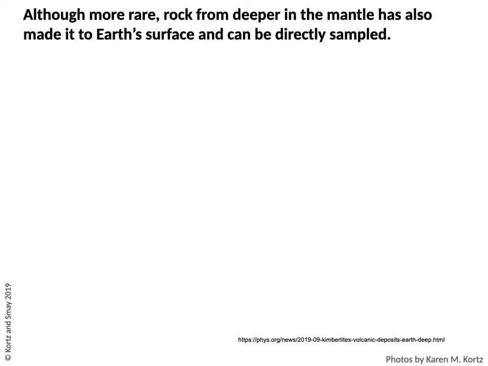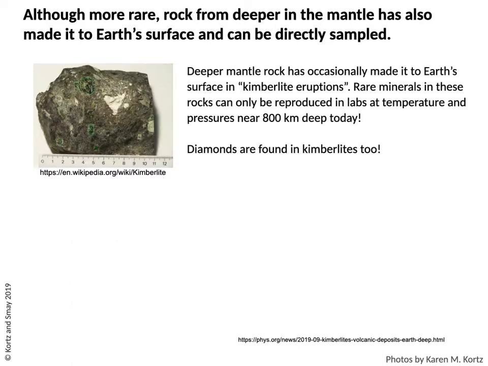And although these deposits are really rare, occasionally we find areas where material from the lower mantle has even made it to Earth's surface. So this can happen, or at least has happened in the past, and we can go and sample these. These deposits are called kimberlites and kimberlite eruptions.